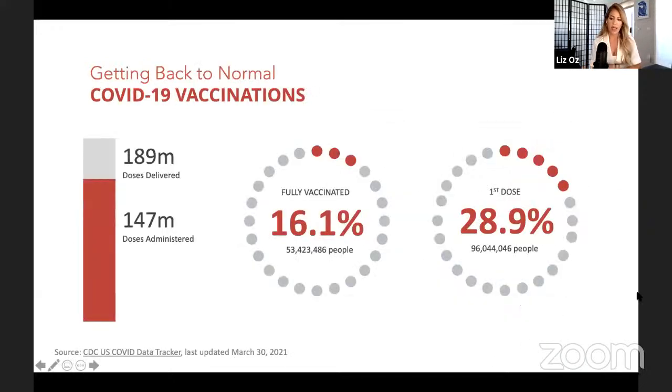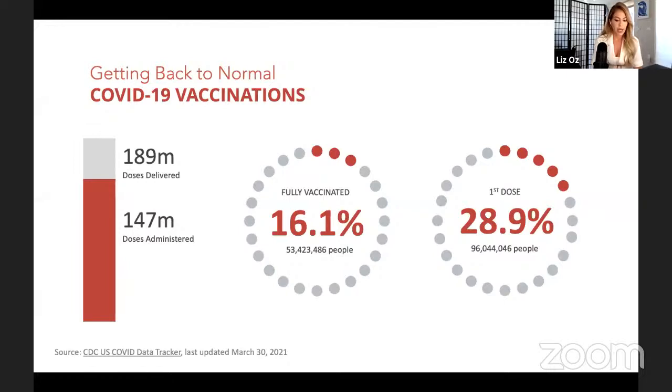So let's take a look at where we're at. 189 million doses of the vaccine have been delivered. However, only 147 million doses have been administered. That's 16% of the population who are fully vaccinated, and almost 29% of adults have received the first dose.